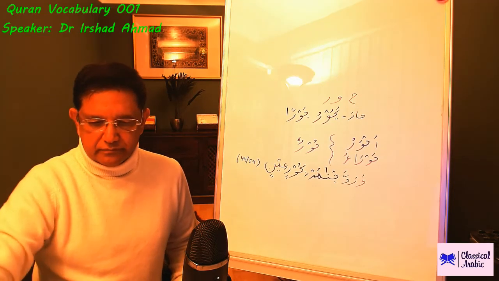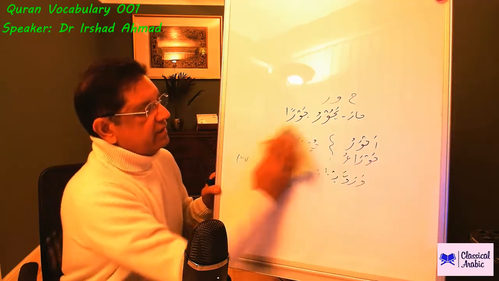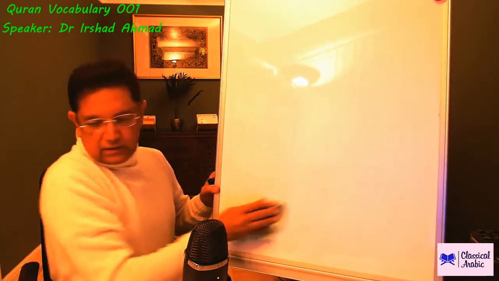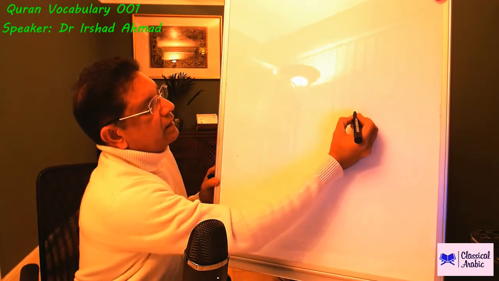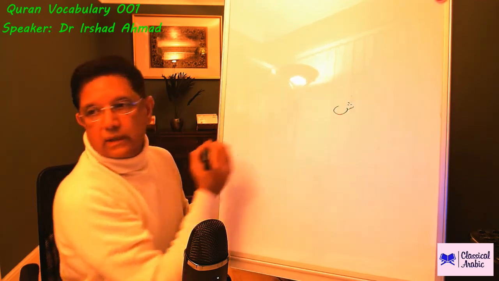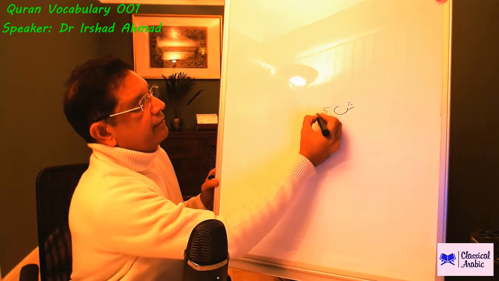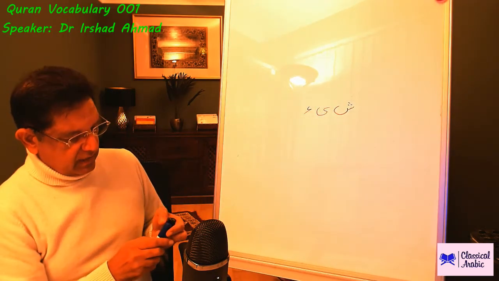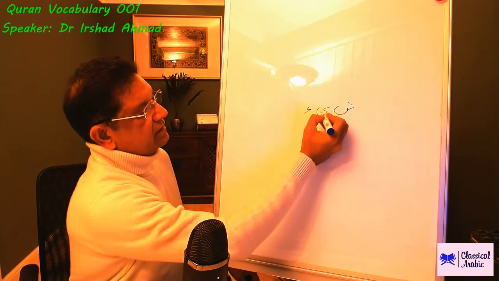And finally, there is another root before we call it a day. Sheen, ya and hamza. In this we have sha'a yasha'u. This is changed to alif again here.